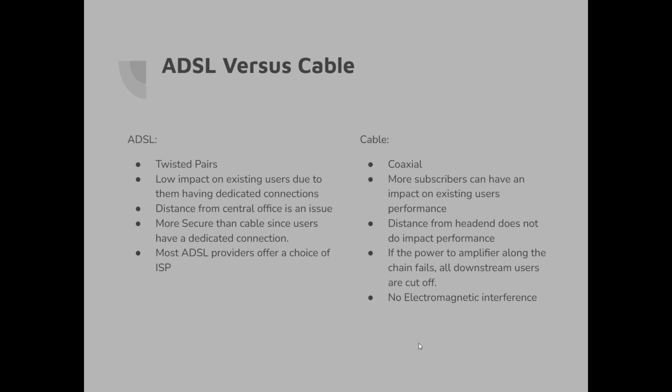In cable, this is not an issue, just because of the way the coaxial cable was engineered. The thing with cable is that if the power going to the amplifier goes out, like during a power outage, all those users that depended on that connection would be cut off.